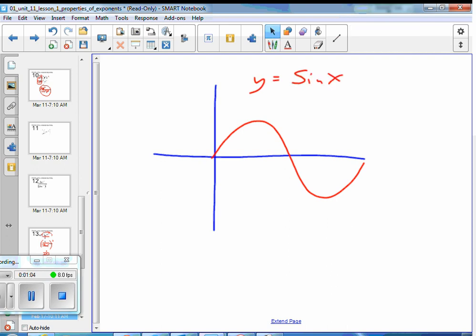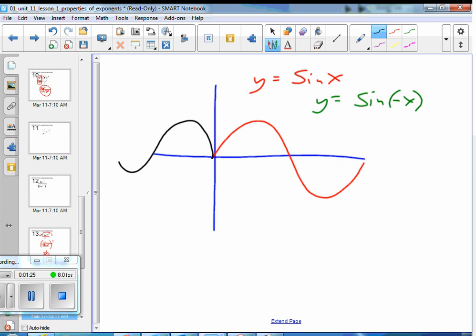Here's sine with a negative on the inside. I'm going to graph it in green. I want you to think through, if I'm reflecting it left-right, if I just take this part of the graph that I graphed and reflect it left-right, that it would end up looking like that.